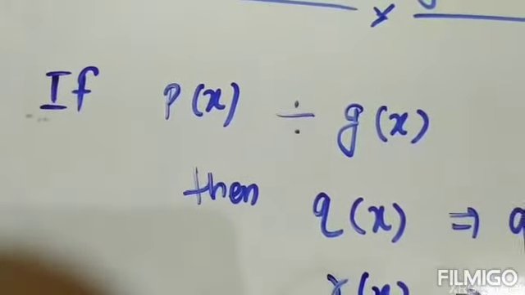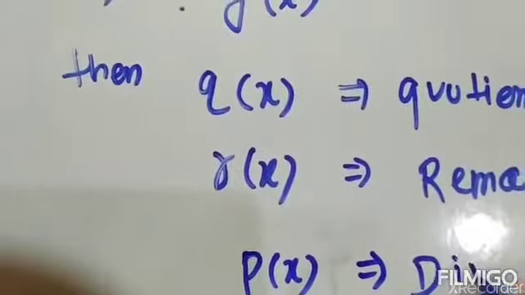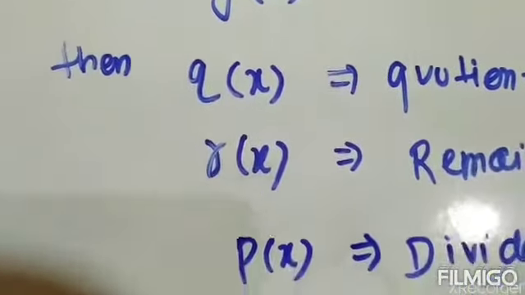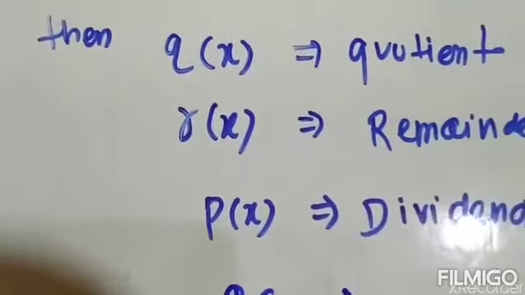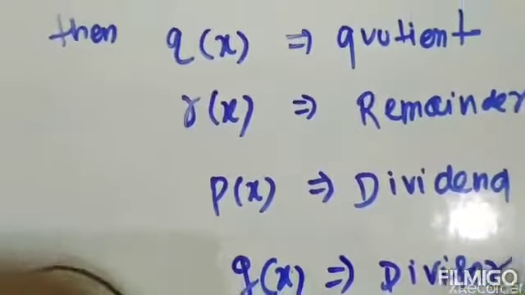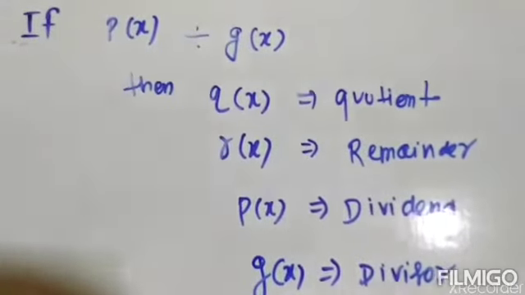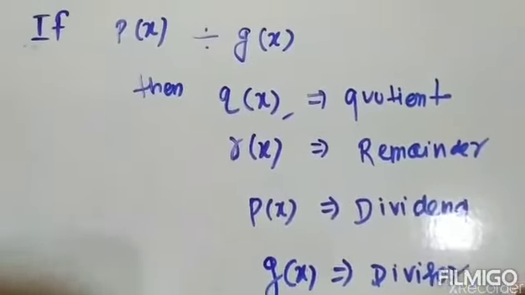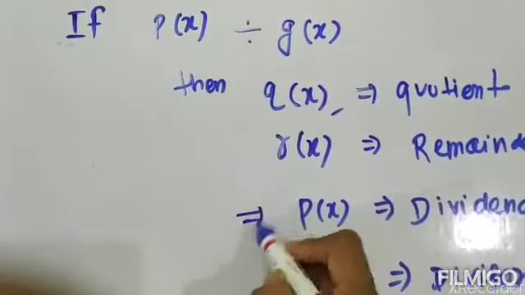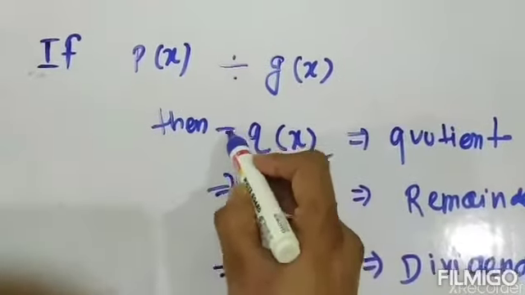P of x, in division language, is the dividend, and g of x is the divisor. So if you divide P of x by g of x, you get Q of x as the quotient and R of x as the remainder, where P of x is the dividend and g of x is the divisor.